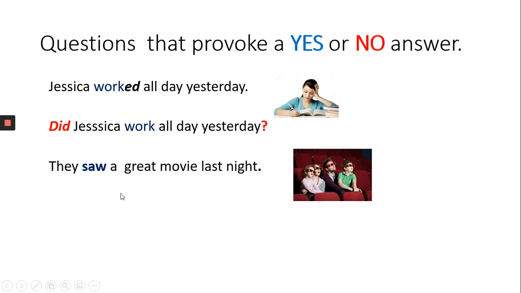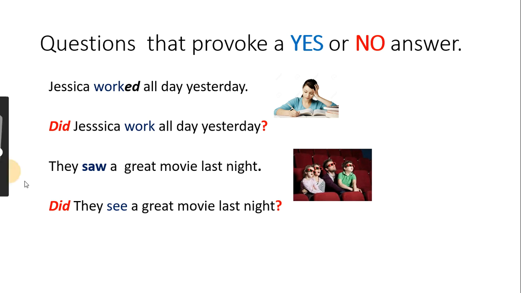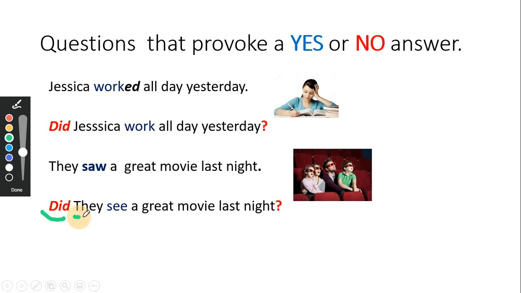Another example. They saw a great movie last night. The question is, did they see a great movie last night? Again, notice how I added the auxiliary did, and then the subject, they, we're talking about the same people. The verb is see. Why see?